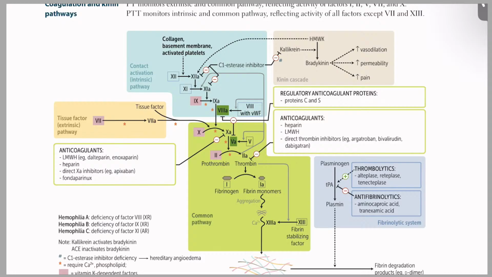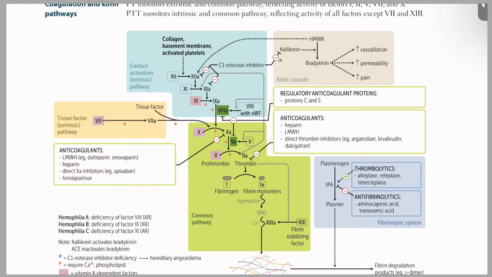Regulatory anticoagulant proteins are protein C and S. Anticoagulants: heparin, low molecular weight heparin, direct thrombin inhibitors, that is argatroban, bivalirudin, and dabigatran. Also, prothrombin converts to thrombin, 2 to 2A.